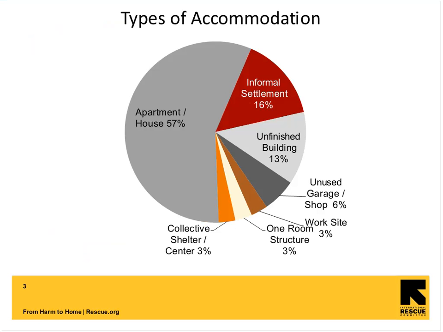These are the types of accommodation that you see in Lebanon. We have the 16%, the ones living in informal settlements. 57% are in apartments and houses, and the others are living in unfinished buildings, garages, one-room structures, inside workshops, and only 3% in collective shelters.